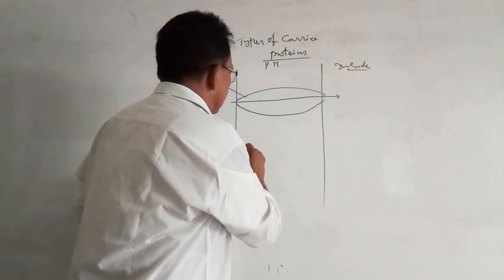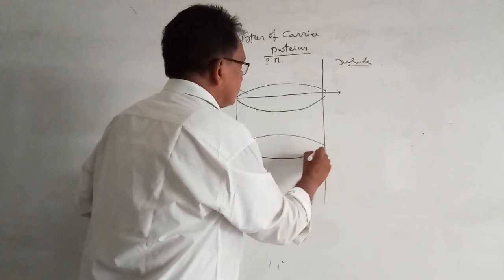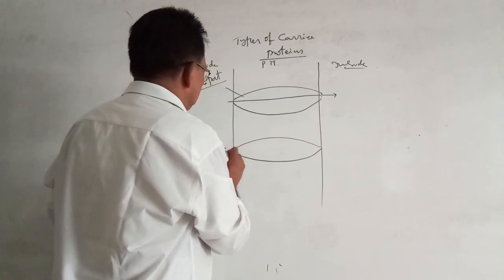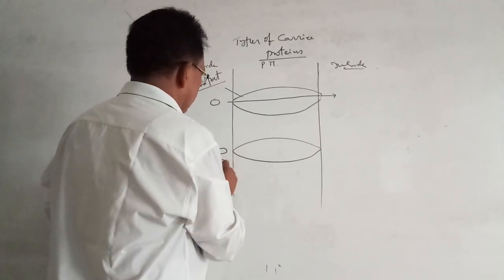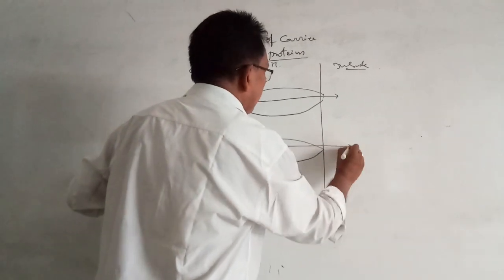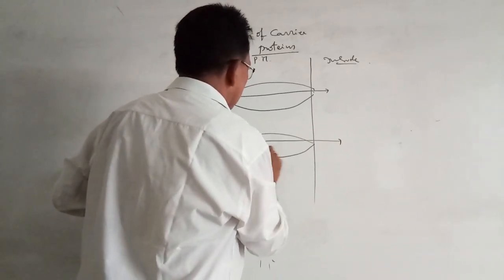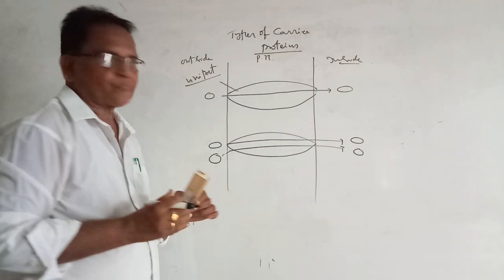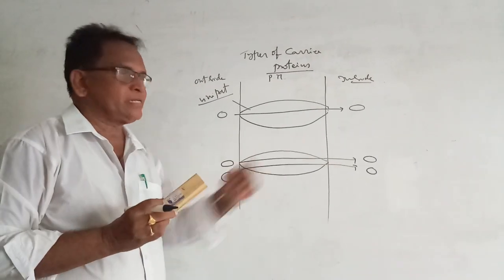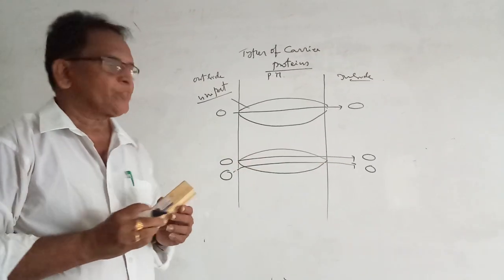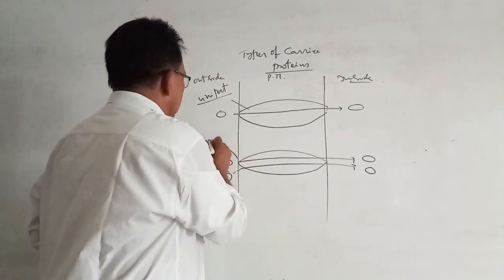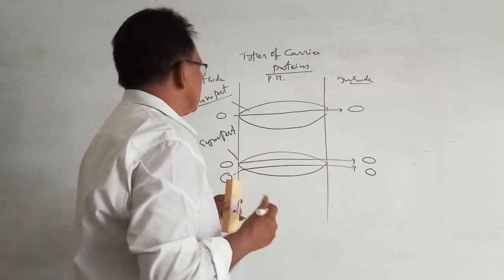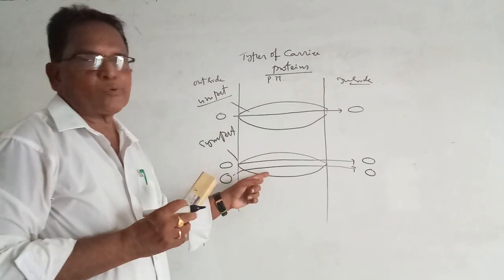There is also another type of carrier protein, where we can observe two molecules at a time being transported from outside to the inside. This system is known as symport, and this protein is called a symporter.